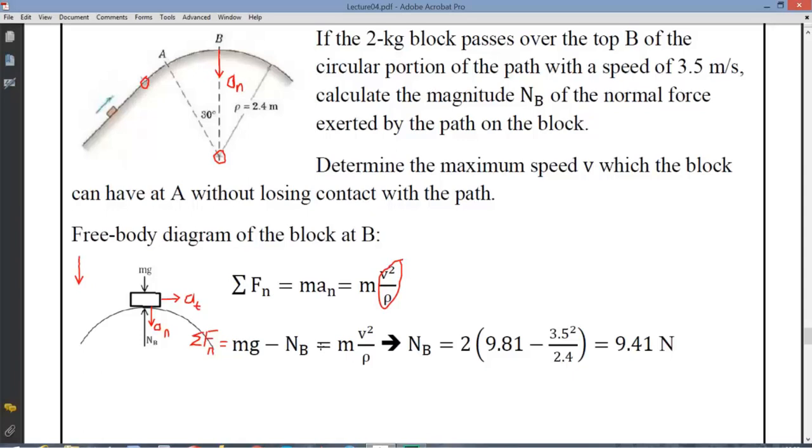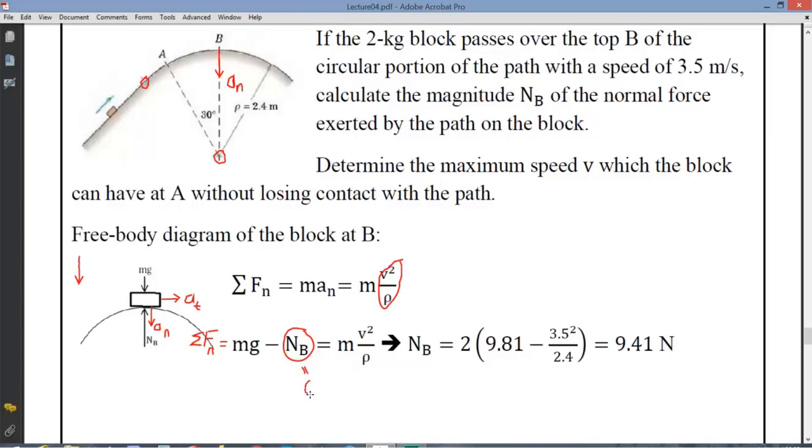Now, here again, you can ask what would be the velocity at which this block will lose its contact with respect to the path. This is an extra question, by the way. What you need to do is make this NB go to 0.